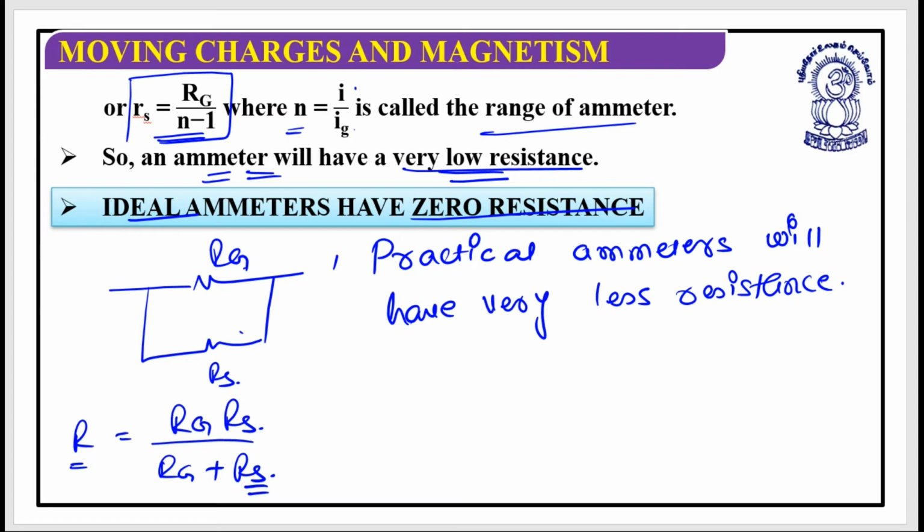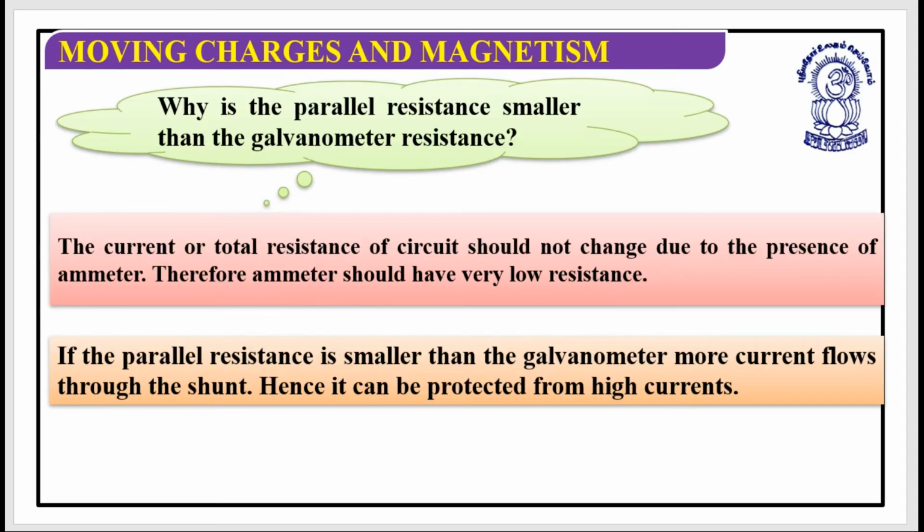Now let's discuss a certain conceptual part: as the parallel resistance is smaller than the galvanometer resistance, why do we connect a resistance which is smaller as compared to the galvanometer resistance? Why? So let's have an answer to this. The total resistance of the circuit should not change due to the presence of the ammeter. Therefore, the ammeter should have very low resistance.